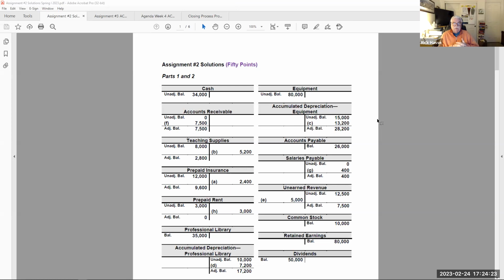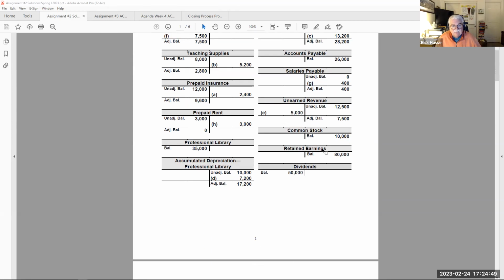Remember, assignment number 2 was to take some information about an unadjusted trial balance and post it to a general ledger, and then do the adjusting journal entries for additional information about the accounting period, and then post those adjusting journal entries to the general ledger.